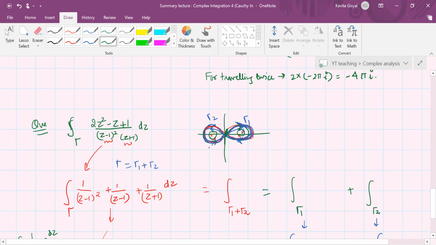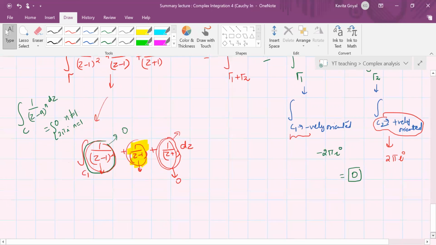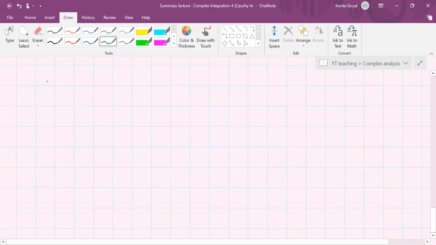Okay, so let us move ahead to the next thing, which is the Cauchy integral formula. This is very important in finding the values of integrals.